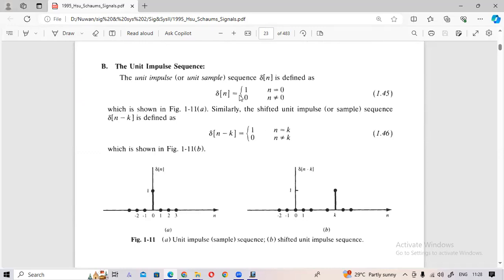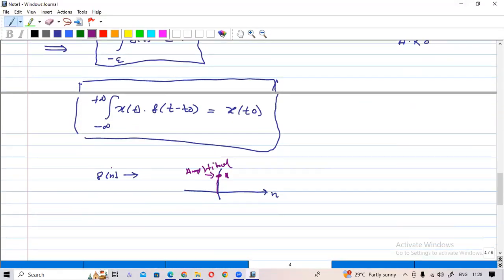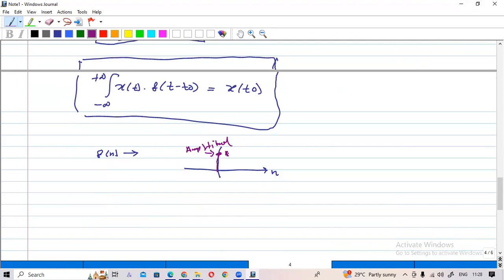Here delta n is 1 when n is equal to 0. If n is not equal to 0, it is 0. So this 1 is the amplitude actually. So this is the definition for the discrete time unit impulse sequence. So here, this value will be 1. You can directly get this value as 1.